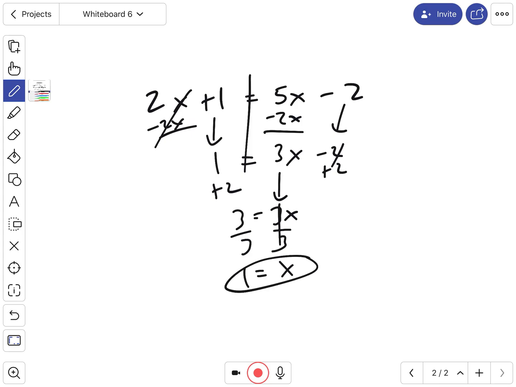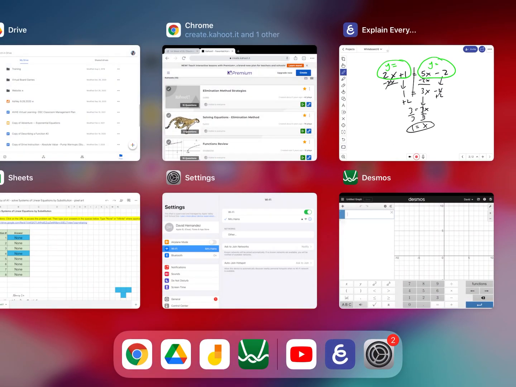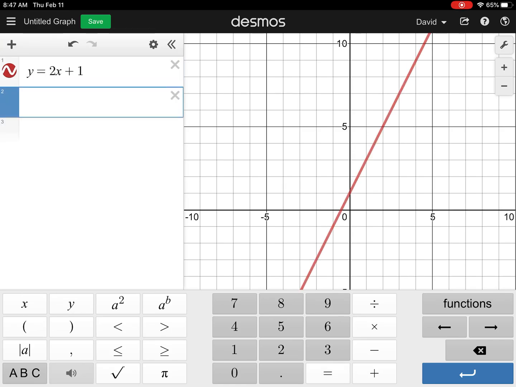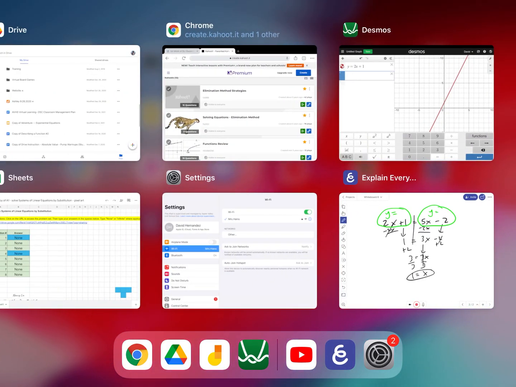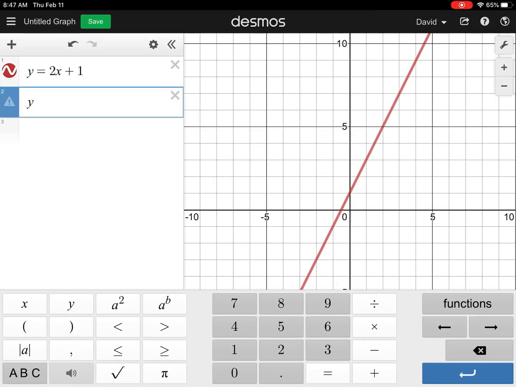Okay, so graphically, though, you could graph this as y equals, and you could graph this as y equals, and you can see where they cross. That's another name for solution, where they intersect. So 2x plus 1, I graph that, and the other one was 5x minus 2.